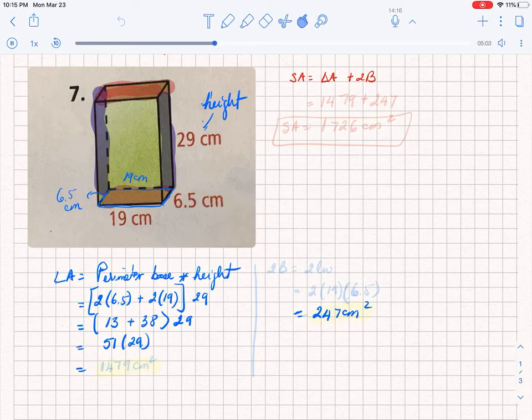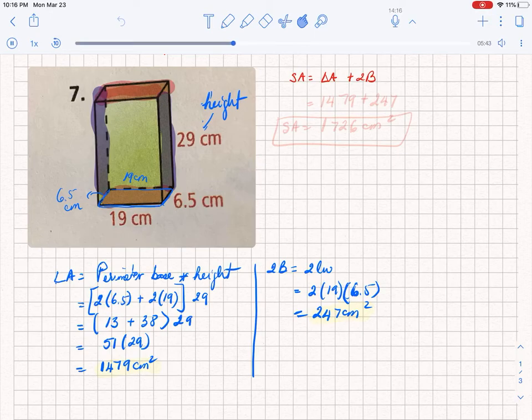Now I am looking at the two bases. The two bases are going to be 2 times the width times the length. There are 2 of them, so I'm looking at the base, 19 times 6.5. Hold on, I made a little typo right here. Let me fix this. That should give me 1479 centimeters squared.